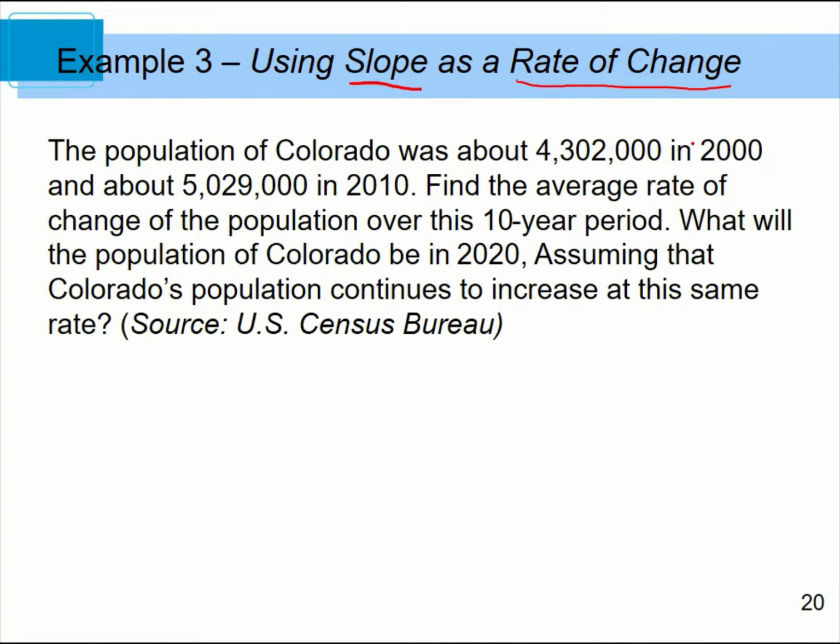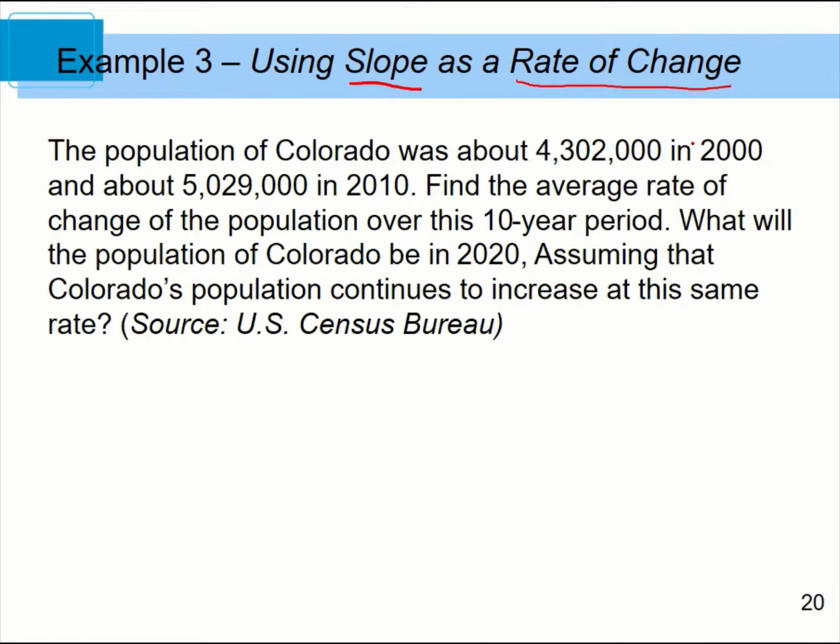First we need to find the difference. What is the difference of y? Here we can take y as the population, and we take x as the difference of year.